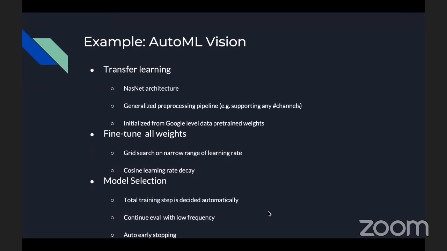And in order to fulfill the scalability, we need to generalize the pre-processing pipeline. For example, if you work on CV, you know that if you are working on ImageNet, you only need to think about how to deal with the RGB channels, which is the 3 channels. But in the real world, there could be tasks with arbitrary channels. There could be 1 channel, which is grayscale images.